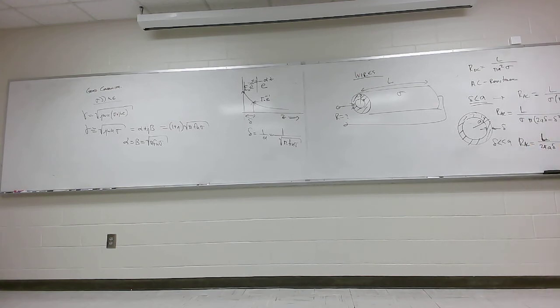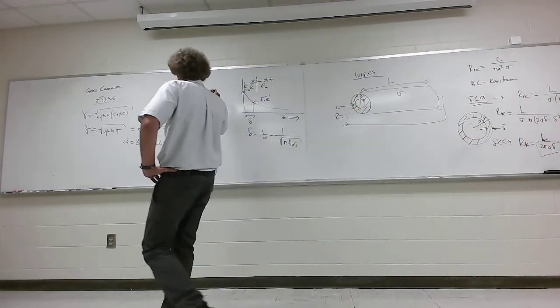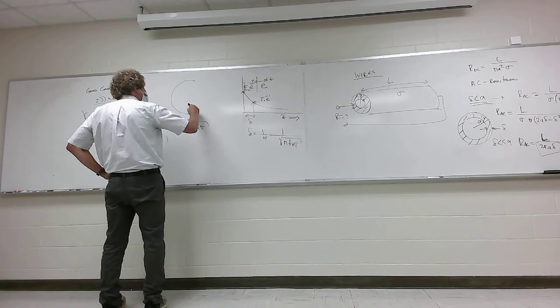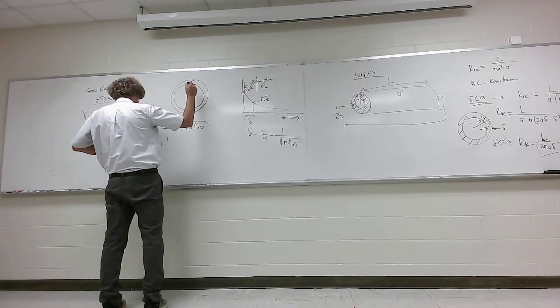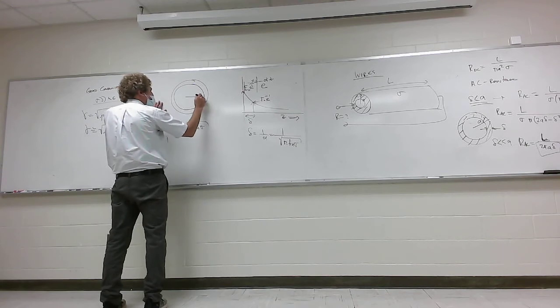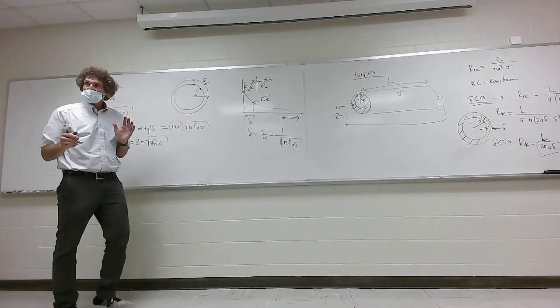Now let me explain something. This right here is really the perimeter. You take a look at this thing and assume it has a radius A and a thickness of a skin depth. Just listen to me. You with me?